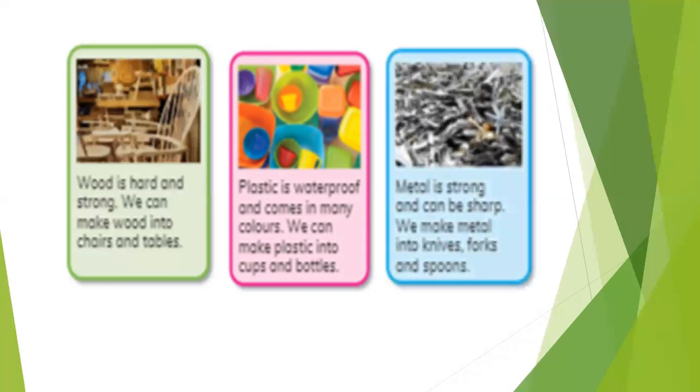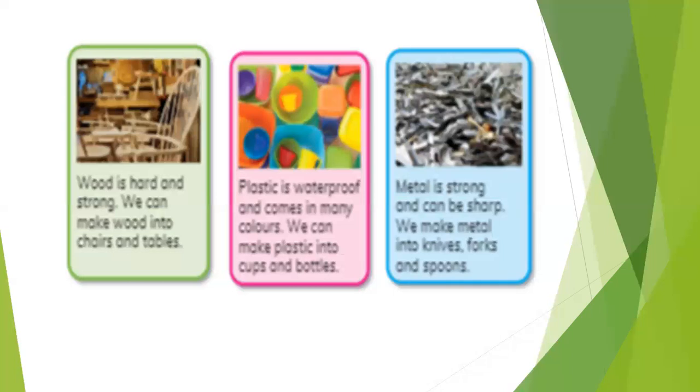Last is metal. Metal is strong and can be sharp. We make metal into knives, forks, and spoons. So knives, spoons, and forks are made of metal. Why?